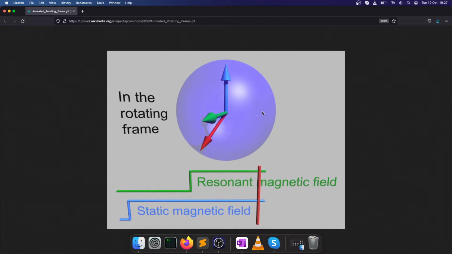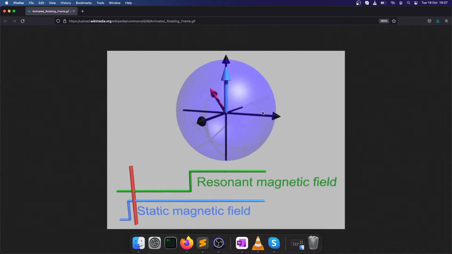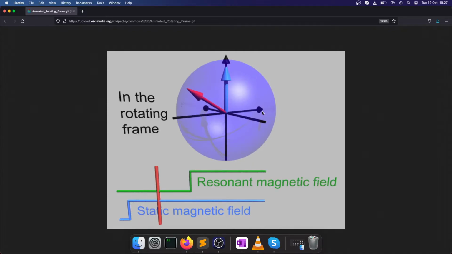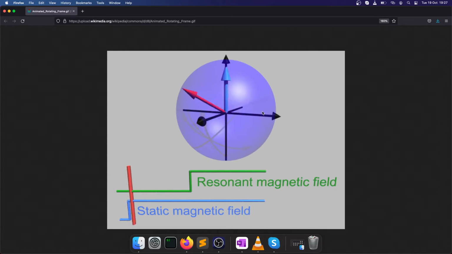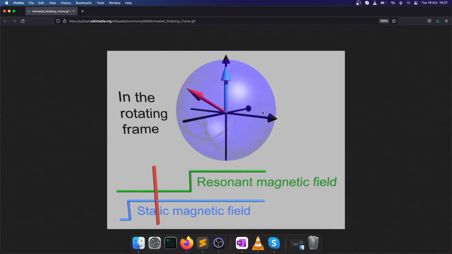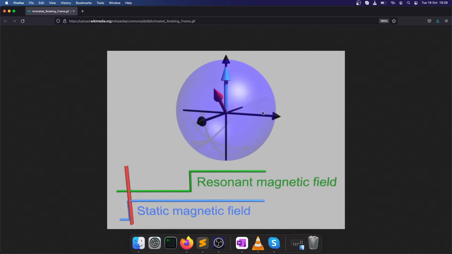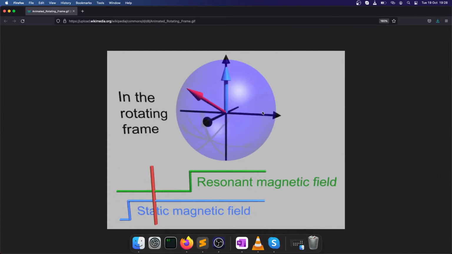It says animated rotating frame for resonant magnetic fields, static fields. This little GIF, as it were, is not a spinning electron. It's something to do with magnets, but it gives you the idea of what's going on. And this blue arrow would be a north one, and the south arrow could be just the opposite of the blue one. So this is effectively what's going on in the spins of electrons.